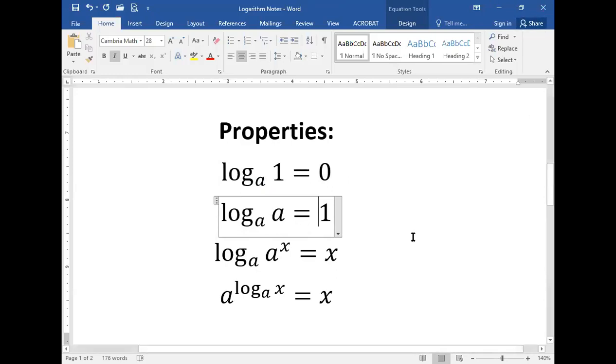So if my base and my argument match, then I'm trying to get 3 to what power is 3? 1. 17 to what power is 17? 1. Negative 65 million to what power is negative 65 million? Still 1. Okay. So those seem pretty straightforward, yeah?